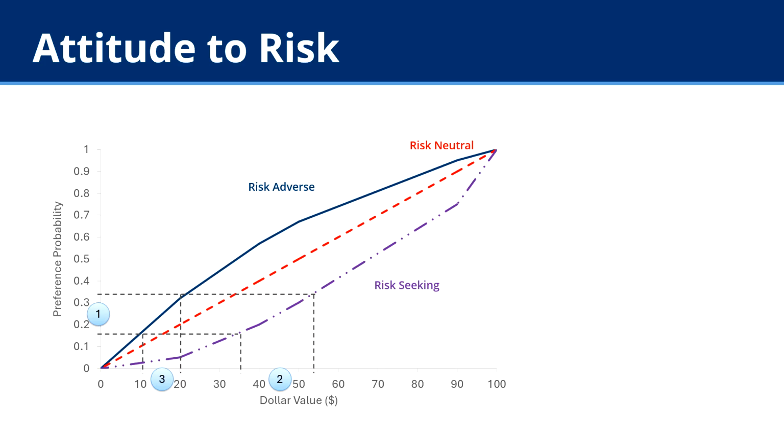So I'm going to give you some examples of risk-averse curves. In our example, Sam had this risk-averse profile, so Sam had a curve that looked like this.